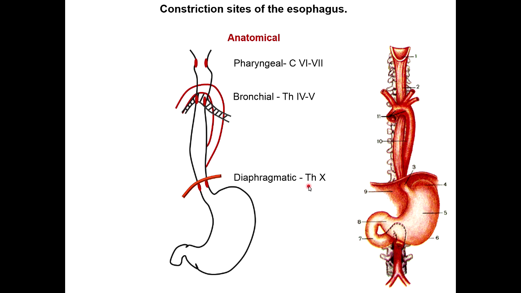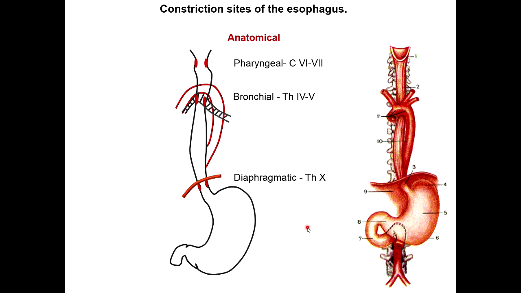So, three anatomical constriction sites, three anatomical narrowing places in esophagus. So anatomical constriction sites we can find in specimen, cadaveric specimen, because they are permanent.